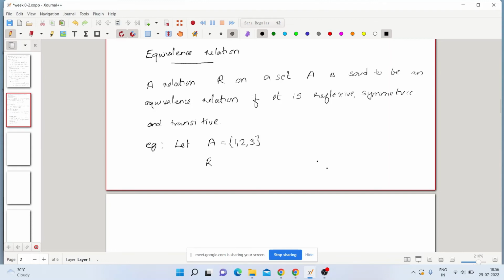A map f from A to B is said to be a function if for x an element of A there exists a unique f(x) in B.